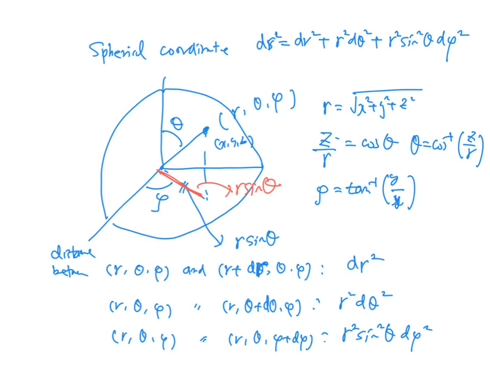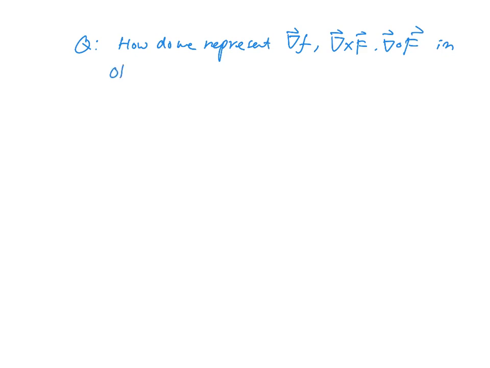So the real question is, how do we represent divergence, gradient, and curl in coordinates other than Cartesian?